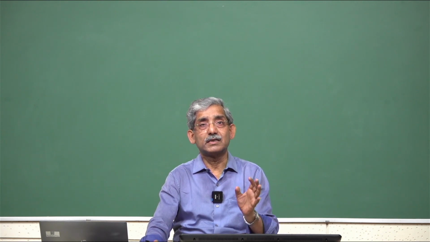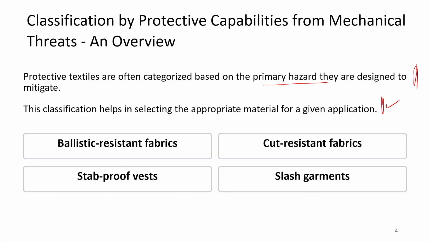Now, see, our classification of protective textiles is based on the different types of threats. As we have already mentioned, the mechanical threats are of broadly 4 different types. Accordingly, we select our textile material on the basis of the threat perception.